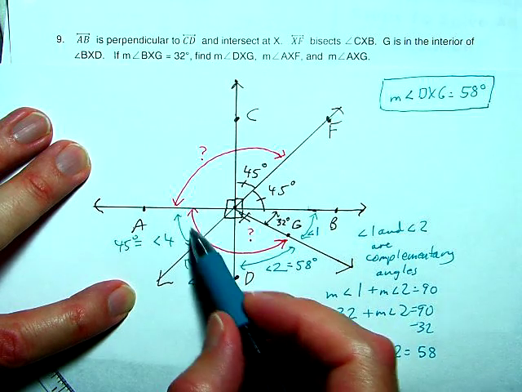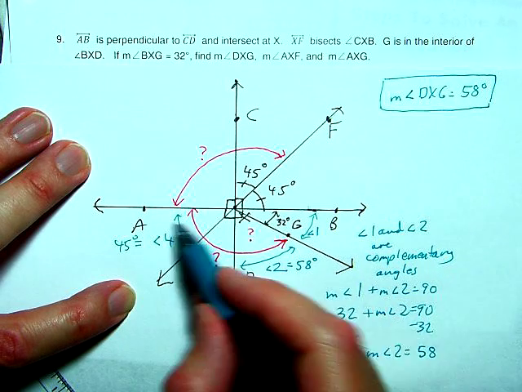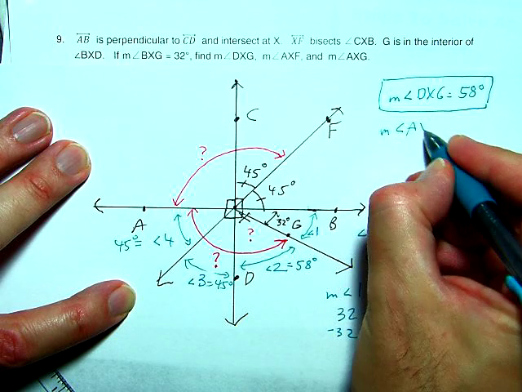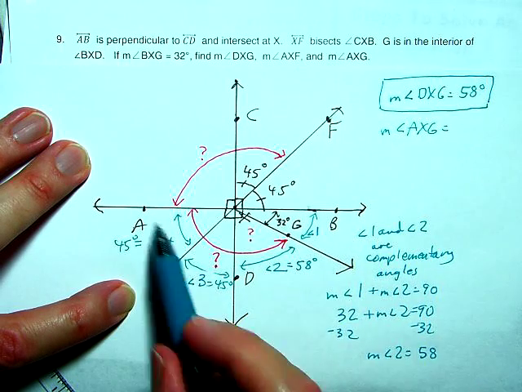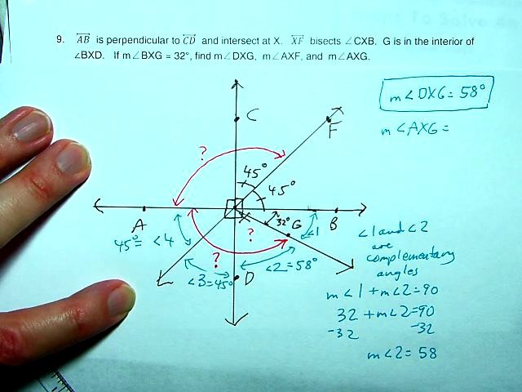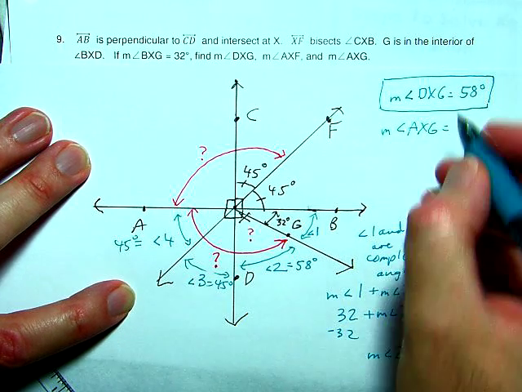So there's a large angle, AXG, measure of angle AXG, is going to be equal to the sum of 45 plus 45 plus 58.